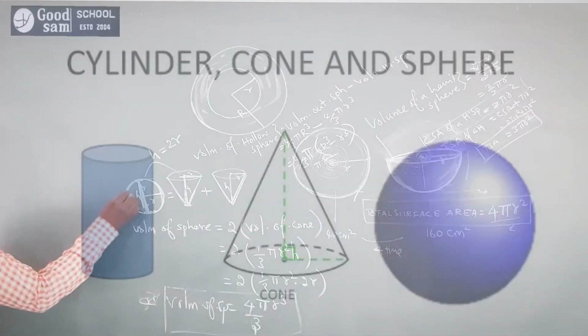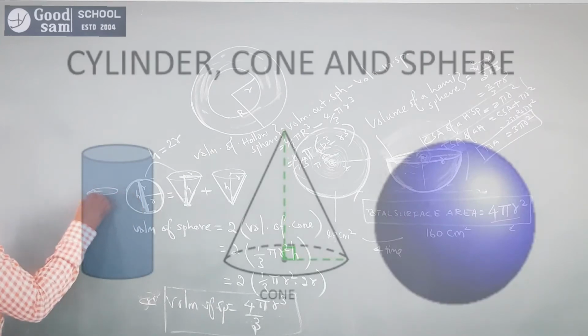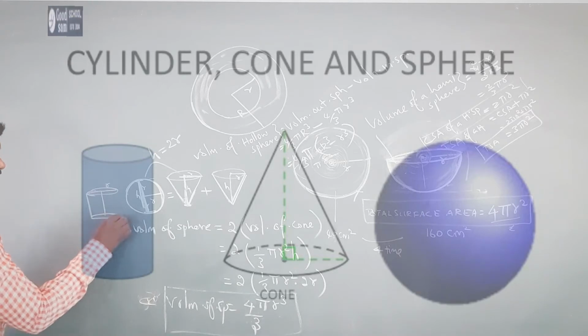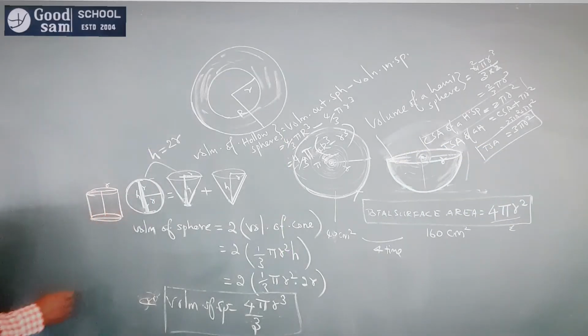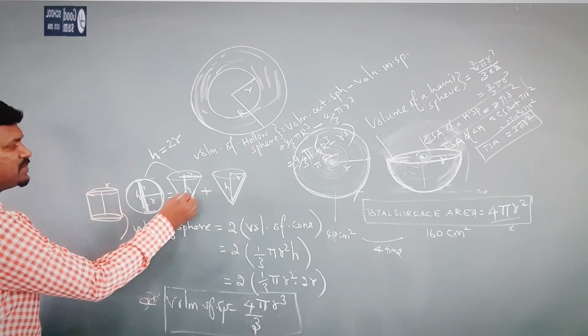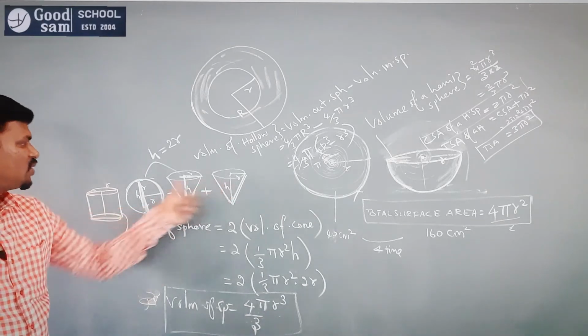See, if a sphere, cone and cylinder have the same radius and the same height, the cylinder is 3 times the volume of the cone, and the sphere is 2 times the volume of the cone.